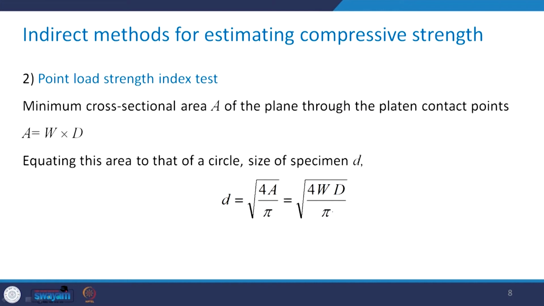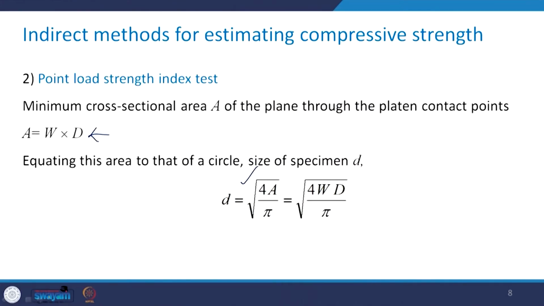The minimum cross-sectional area A of the plane through the platen contact points is defined for any shape as W multiplied by D. What are the requirements on D and W? I have already explained that to you as per the codal provision. Now, if we equate this area to an equivalent circle, we get the diameter of the circle in this particular manner.